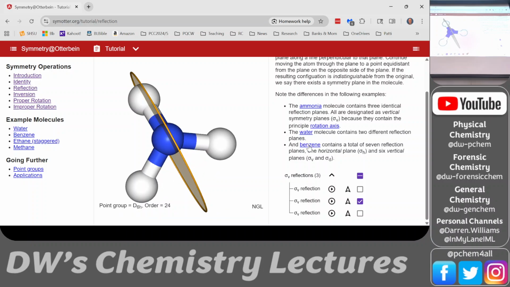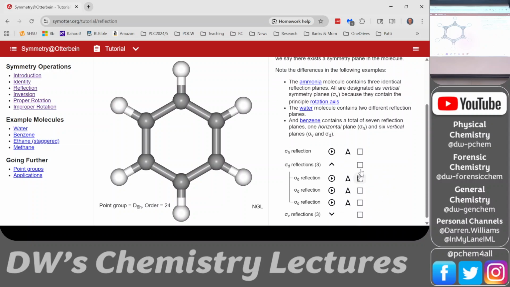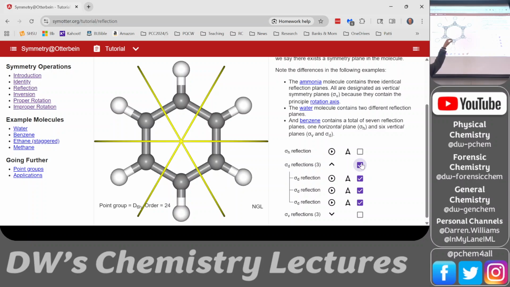Let's do benzene. This was great. Okay, it has sigma d reflections, dihedral reflections. They all bisect the dihedral angle. So the angle between these two bonds would be a dihedral angle, and so the sigma d's bisect those dihedral angles.